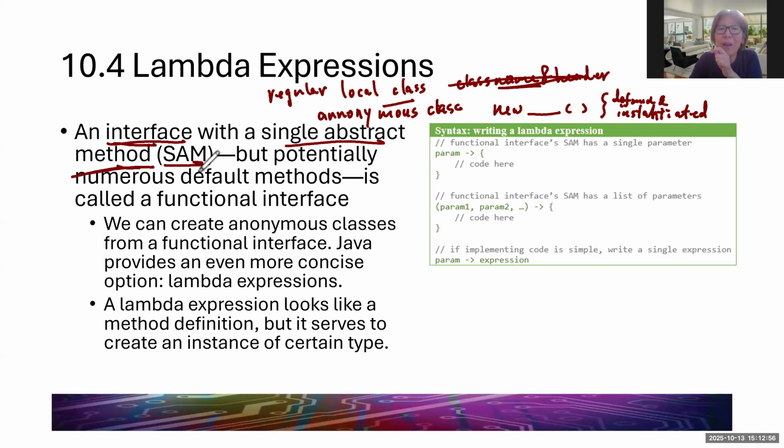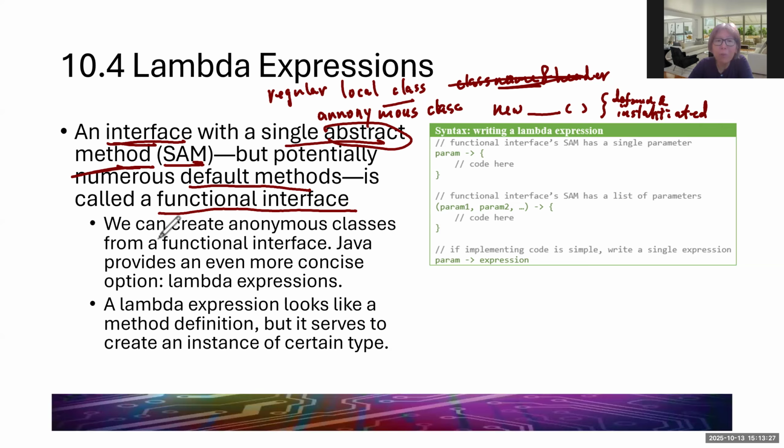We call it a SAM, and this kind of interface we call a functional interface. This doesn't mean that it only allows one method; it only has a single abstract method, but it can have many default methods and also static methods. Those are allowed, but just one abstract method.